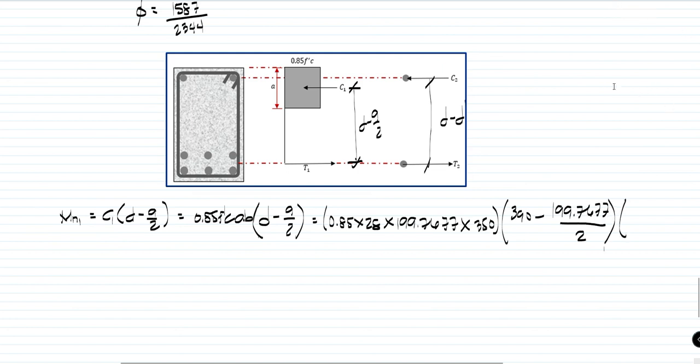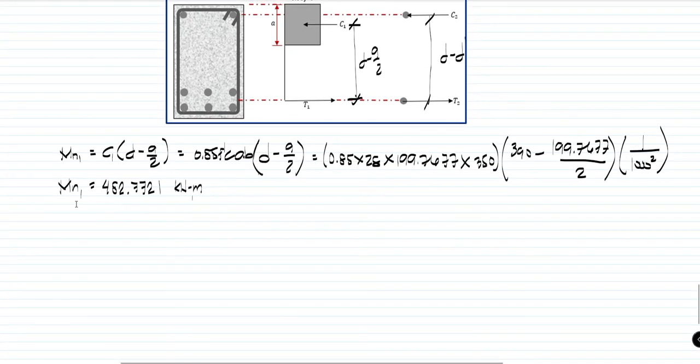This should be multiplied by 1 over 1,000 squared para maging kilonewton meter yung ating answer. So, the first nominal moment is 482.7721. This is in kilonewton meter.